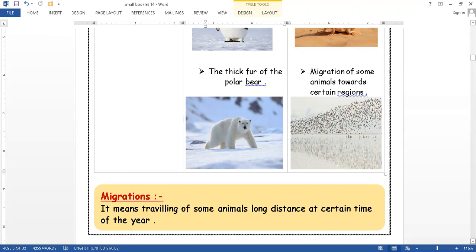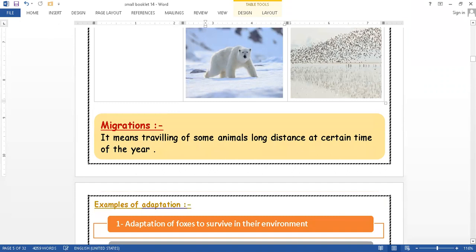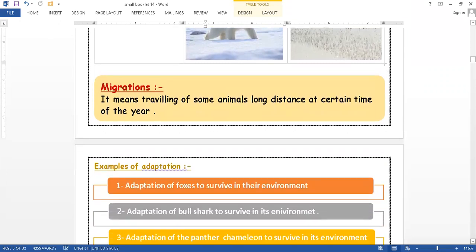Because the weather totally changed and it became so hot or so cold. So they started to travel for a long distance at certain times of the year. So migration means traveling for a long distance at a specific time in the year due to the change in the climate, maybe extreme hot or extreme cold.